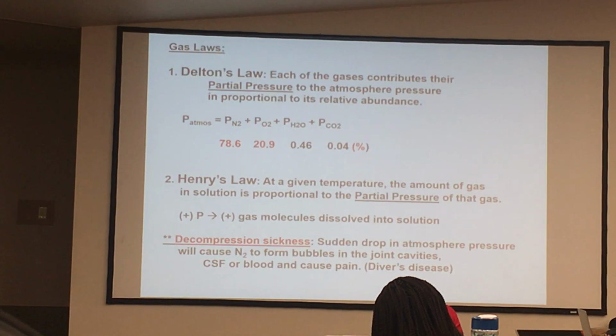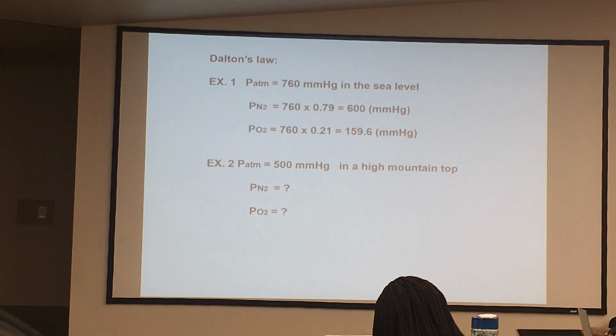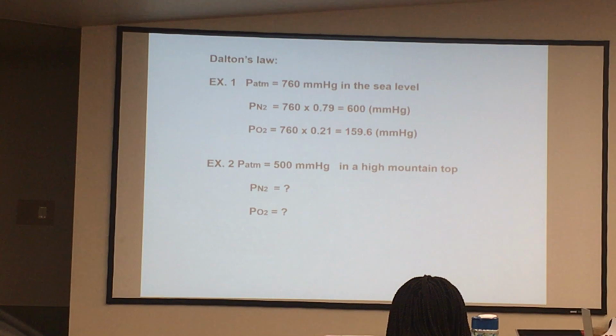And if I ask you, this diver's disease is mainly caused by what gas? Nitrogen, because it's 79%. The bulk is nitrogen. Just like when you drink the Coke, the gas coming out, number one is nitrogen.